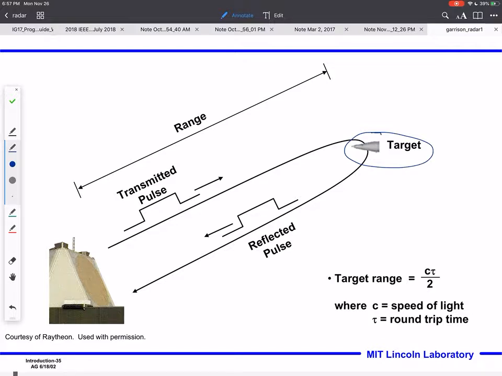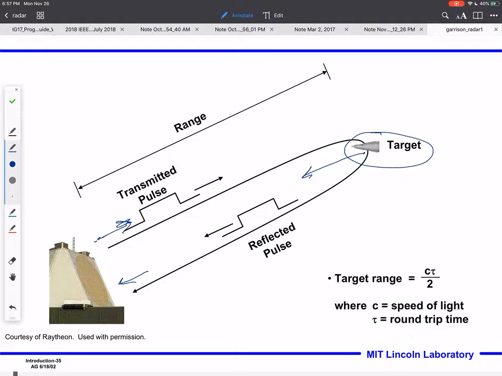Typically something has to have some metallic or conducting properties. And in addition to reflecting that back and giving us a detection that something is present, we can also measure the range to that target by looking at the time that it takes a transmitted pulse to leave our radar, reflect from the target, and then return to our transmitter.